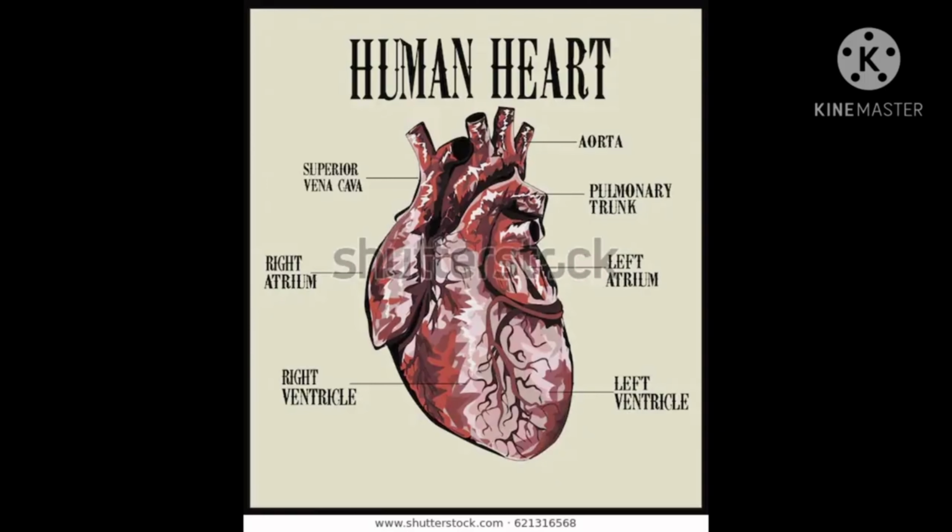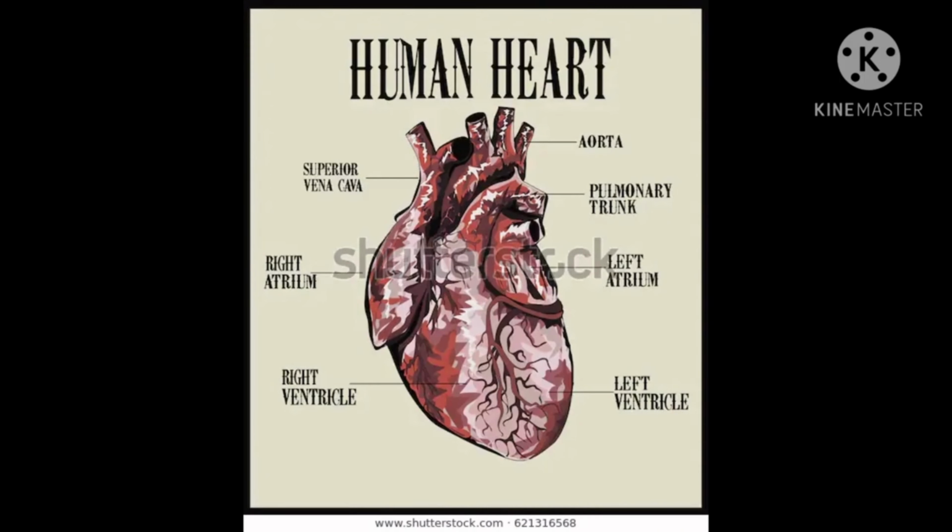Oxygenated blood coming from lungs is collected in the left ventricle. You can see in this picture where the left ventricle is, and it is circulated to all the body parts through arteries. Deoxygenated blood from the whole body is collected in the atrium through veins and is again transported to the lungs for oxygenation. Okay, this is the internal structure of our heart.